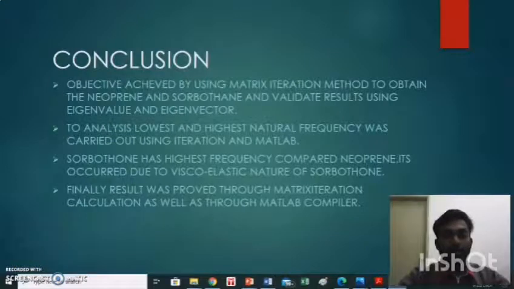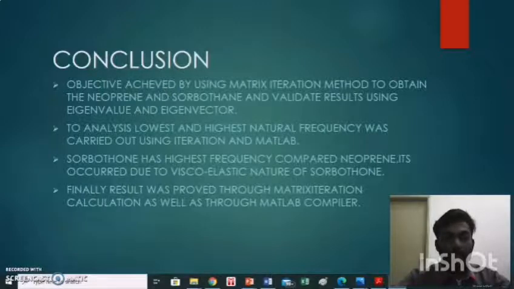My name is Yutesh. My matric card number is CD170193. Today I would like to talk about the conclusion of our project. Our objectives were achieved by using the matrix iteration method to obtain results for neoprene and Sorbothane, and valid results using eigenvalue and eigenvector.